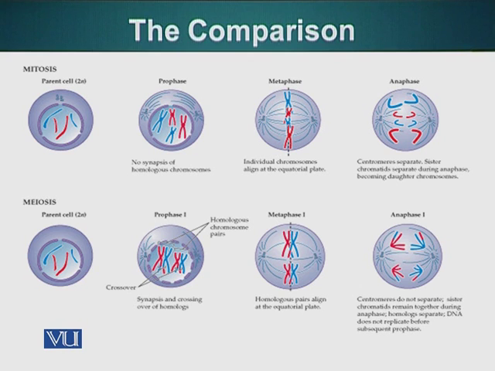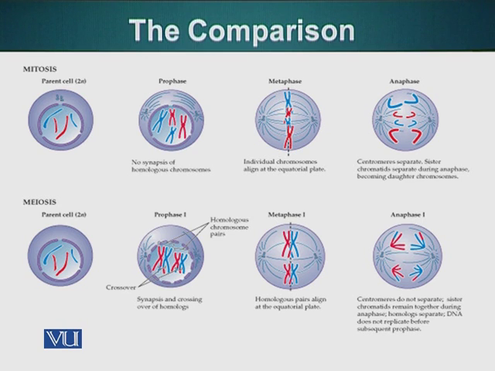Synapsis is basically the process in which two homologous chromosomes come together. As a consequence of synapsis, crossing over takes place, in which chromosomes exchange parts. Here I'm pointing out the synapsis, and these two homologous chromosomes sitting next to each other is basically the tetrad. The whole structure is called the tetrad.